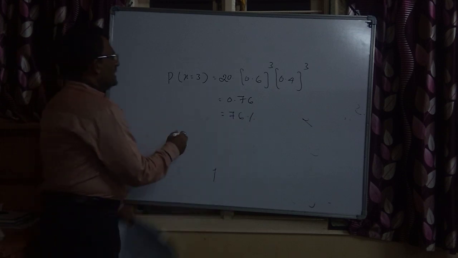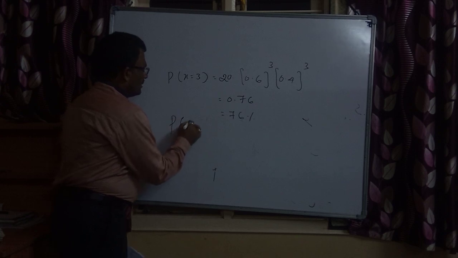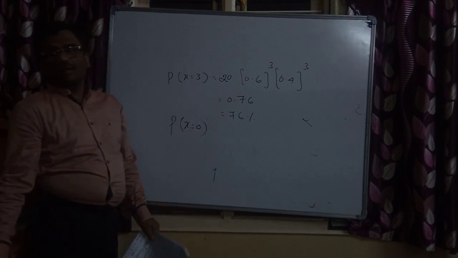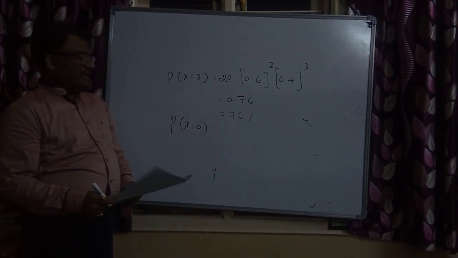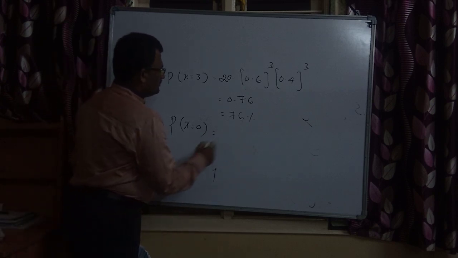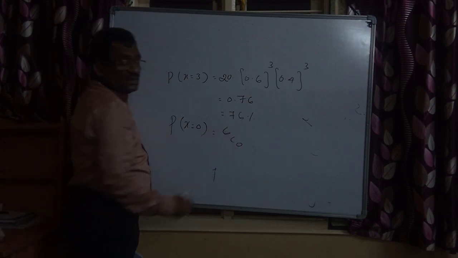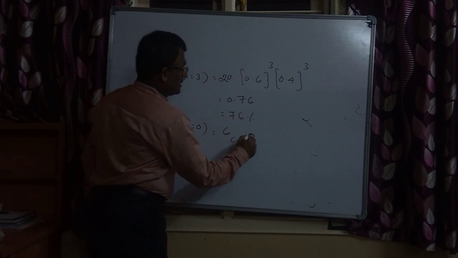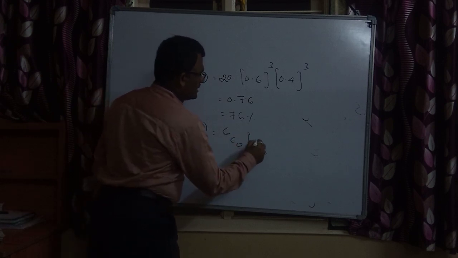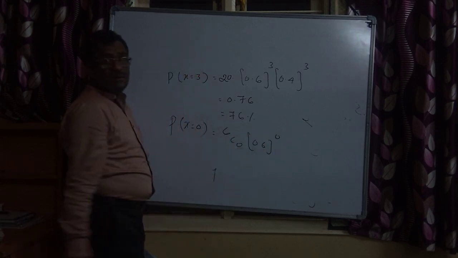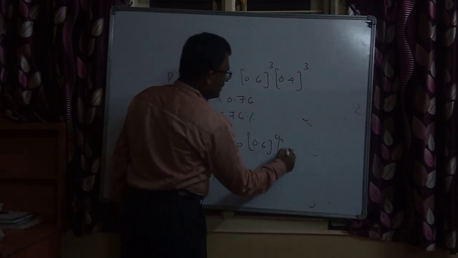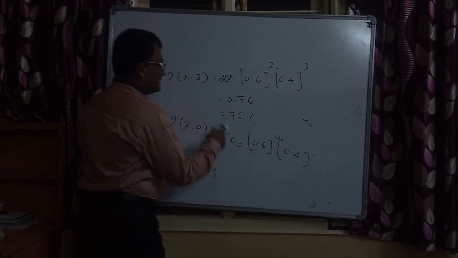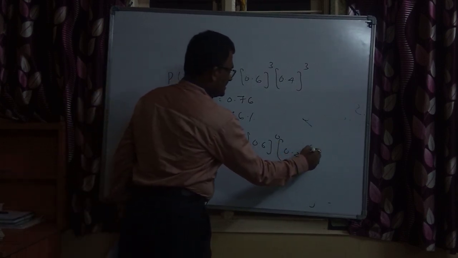Next, if you say none, P of X is equal to 0. This is going to be 6C0, times 0.6 to the power of 0, times 0.4 to the power of 6 minus 0, which is 6.